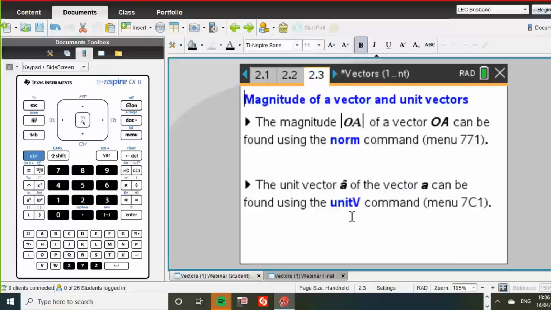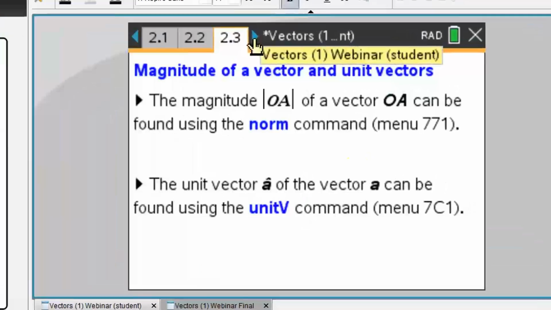And the unit vector, which is like a direction giver, is a vector with a magnitude of 1. The unit vector A hat of the vector A can be found by using the unit vector command. So you go to matrix and vector, then C for advanced vector operations, and then number 1 is unit vector. And I'll show you that just in a moment.